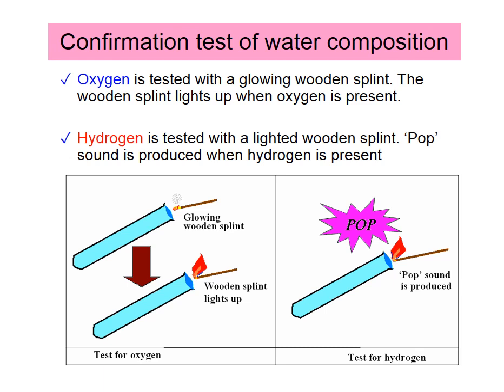So for the oxygen test, we use a glowing wooden splint, and if oxygen is present, the wooden splint lights up. For the hydrogen test, we use a lighted wooden splint, and the pop sound is produced when hydrogen gas is present.